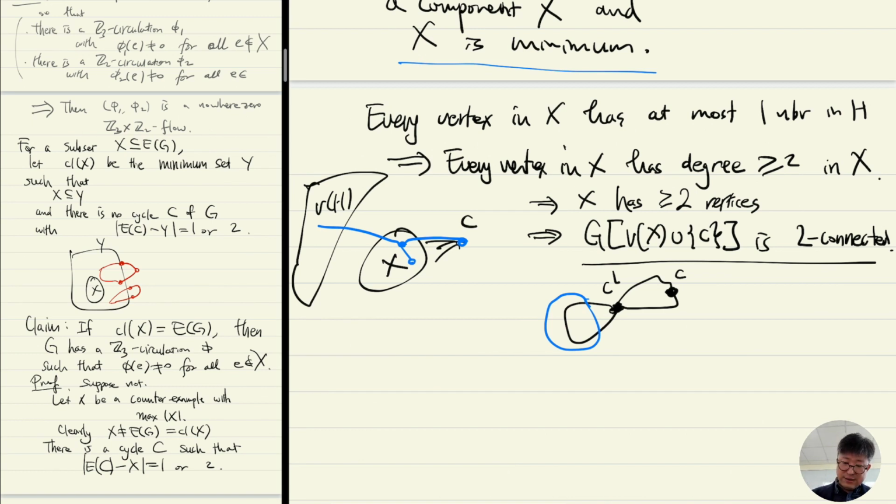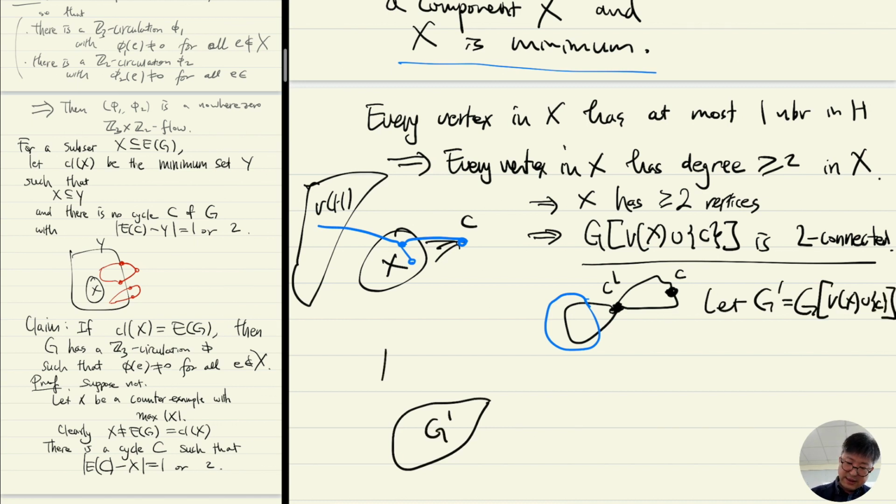Now, let's look at this graph. So let G prime be G induced on X union C. So that's G prime, and here's V over H, and C is the only vertex having neighbors in the other vertices here.